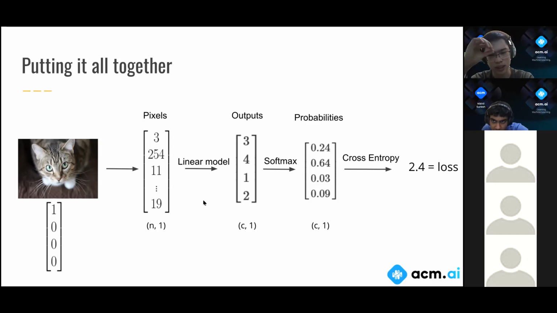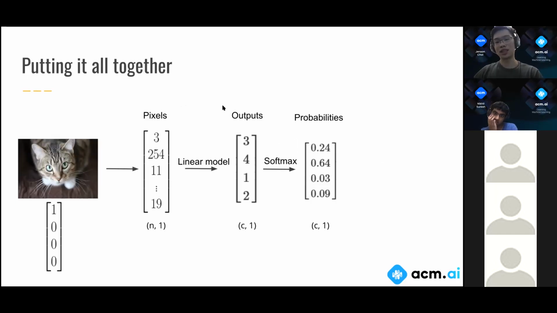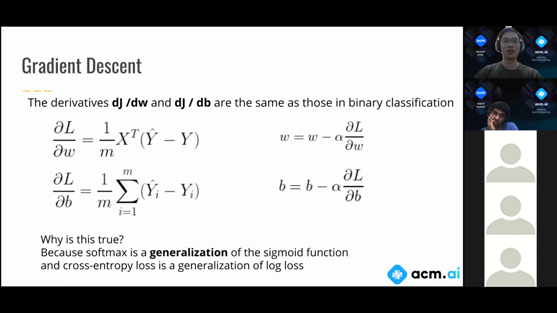Oh, I thought cross-entropy will only update the first element. Okay, so that's only for the loss. The gradient update rules are, so gradients here is actually a completely different thing.